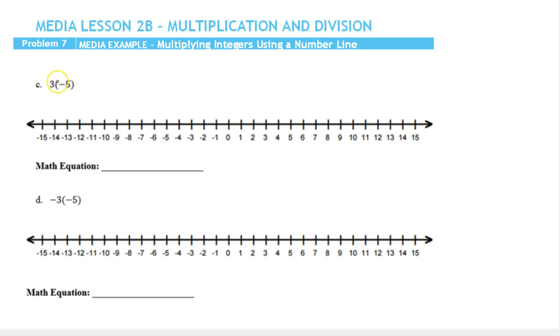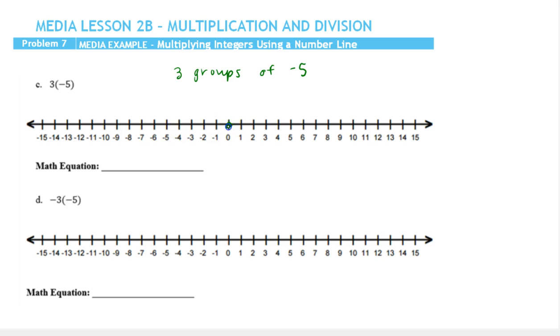Now here we have 3 groups of negative 5. So since the number of groups is positive, that's easier for us to think of, but now we're going to use the number negative 5, so we're going to move in a negative distance, so to the left.